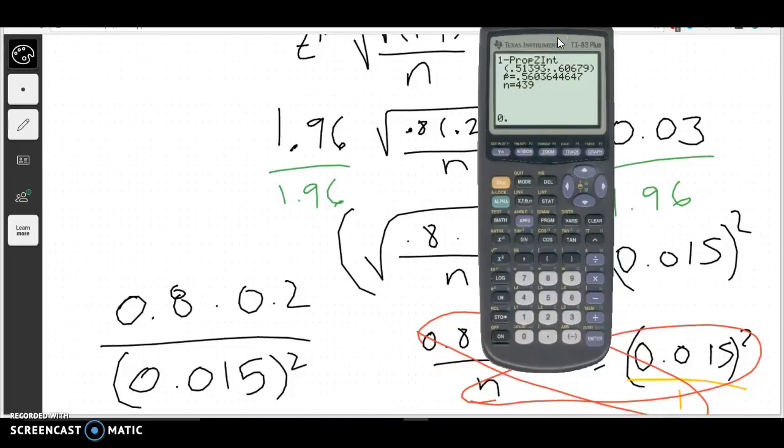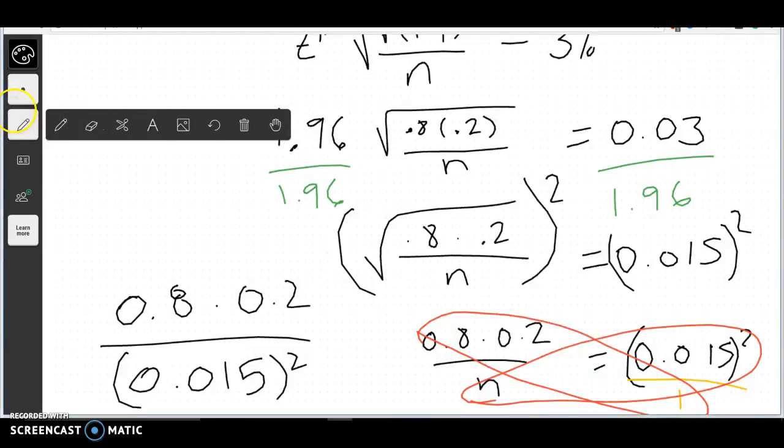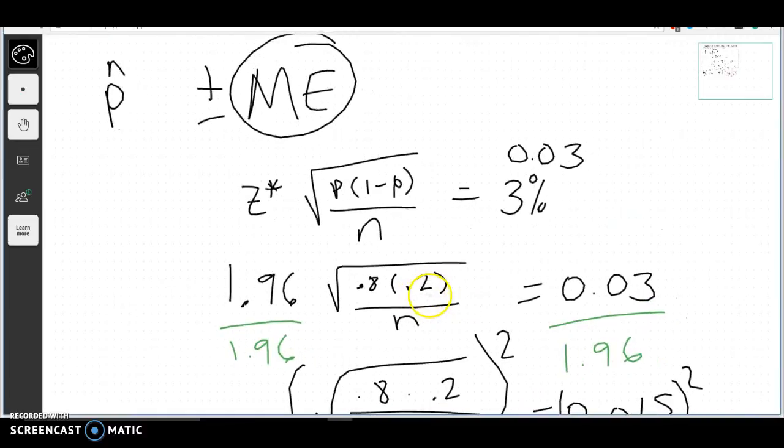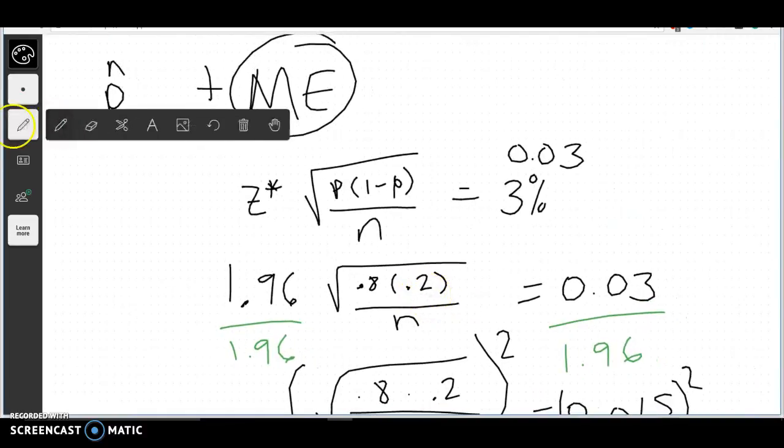So 0.8 times 0.2 divided by 0.015 squared. So about 711.